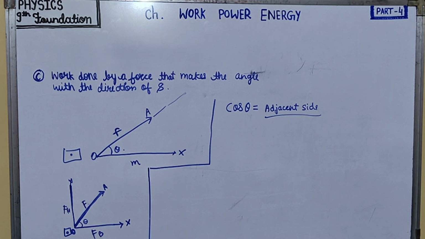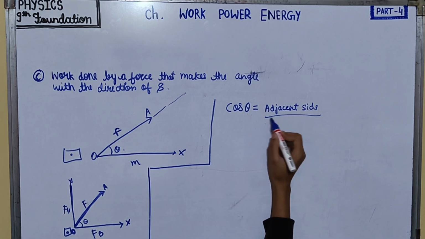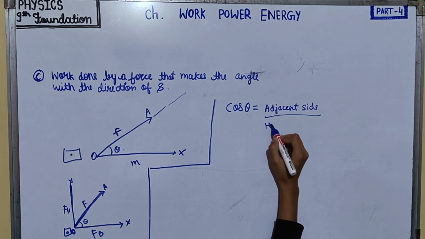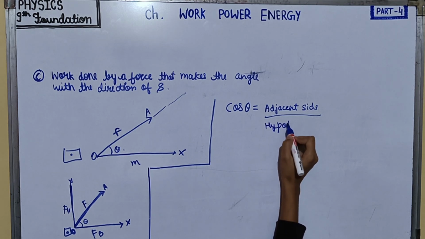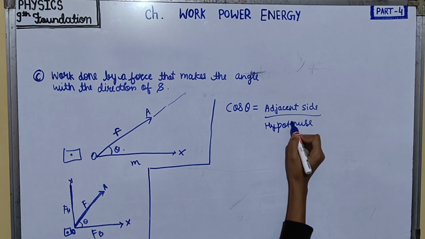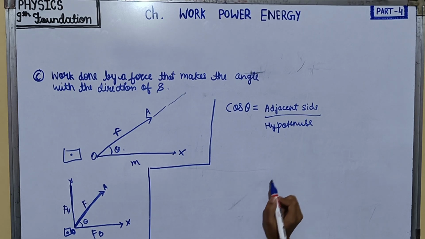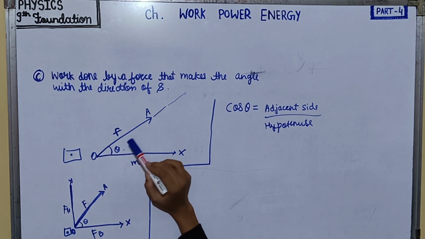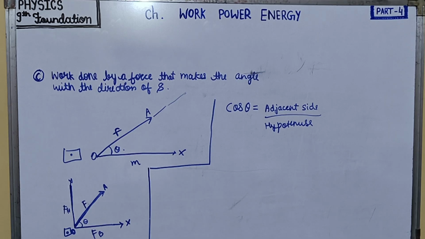Cos theta is equal to adjacent side upon hypotenuse, that is OX upon OA according to the figure. OX is the adjacent side and OA is the hypotenuse.